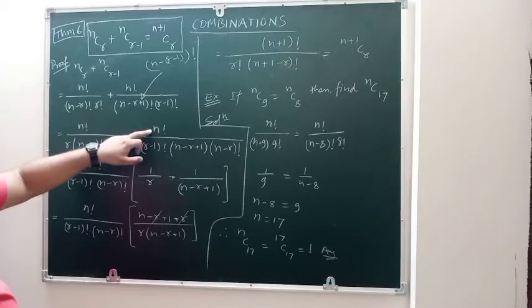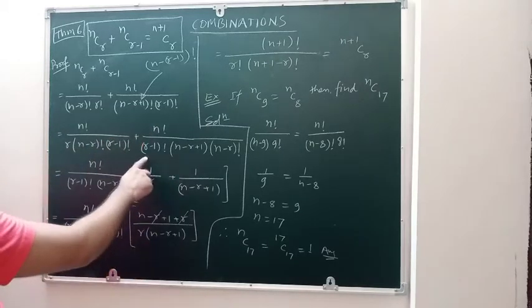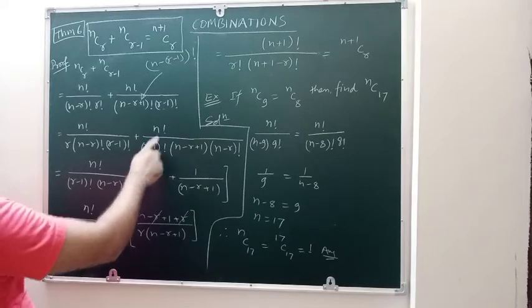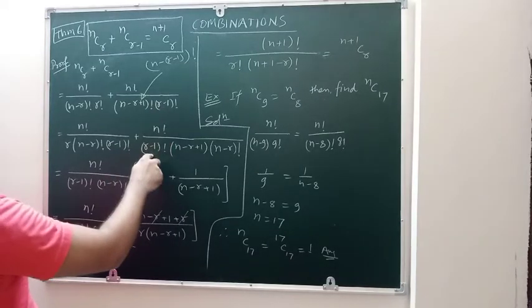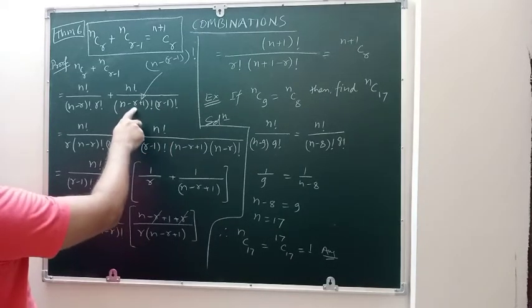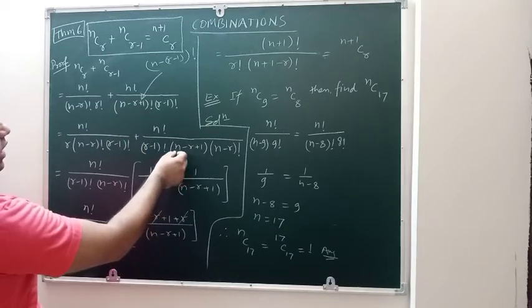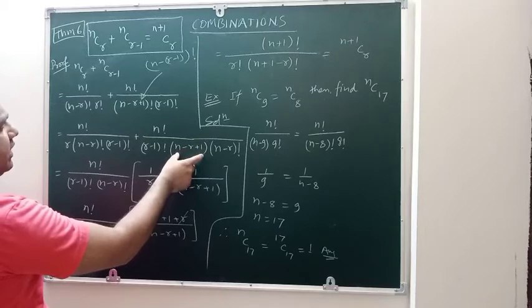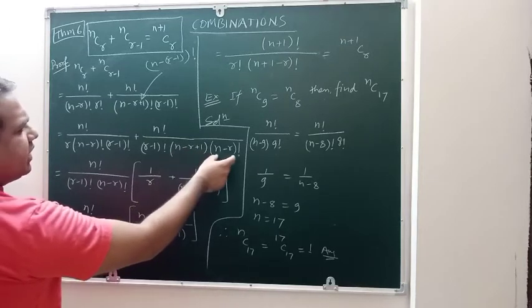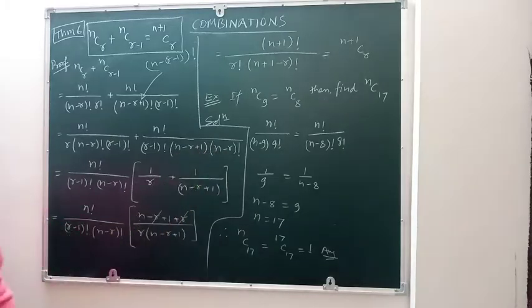Here this is n factorial and (r minus 1) factorial. You can see here (n minus r plus 1) factorial is there, so n minus r plus 1 is multiplied by the factorial of n minus r, one less than that.